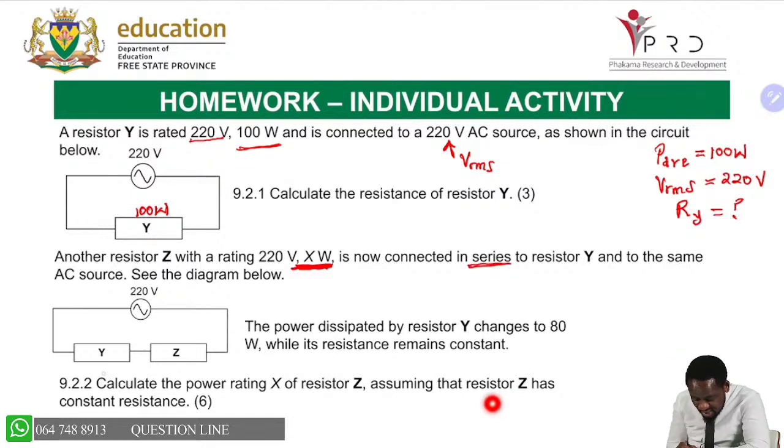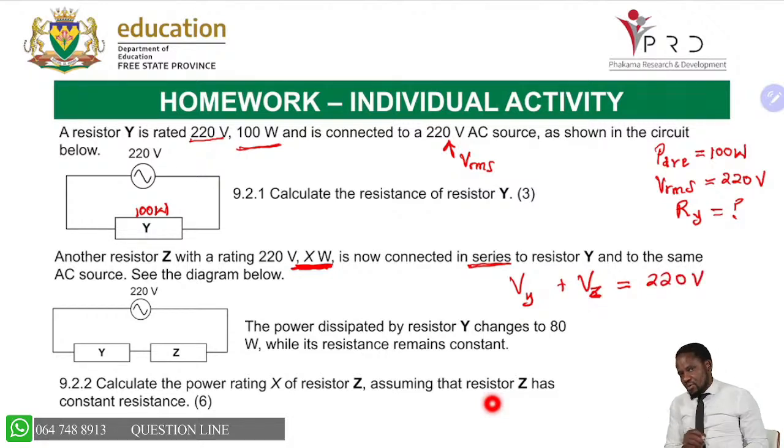The current through resistor Y is equal to the current through resistor Z. But do not forget, V across Y plus V across Z must give us the what? The 220 volts.